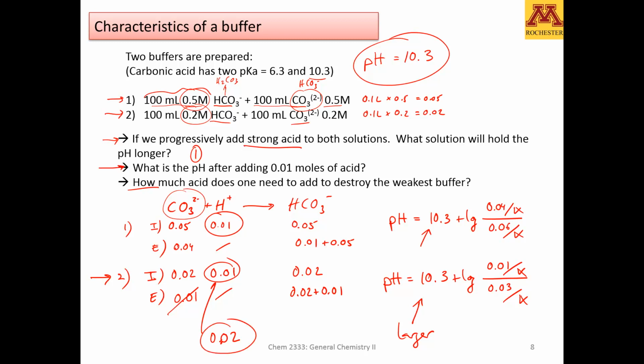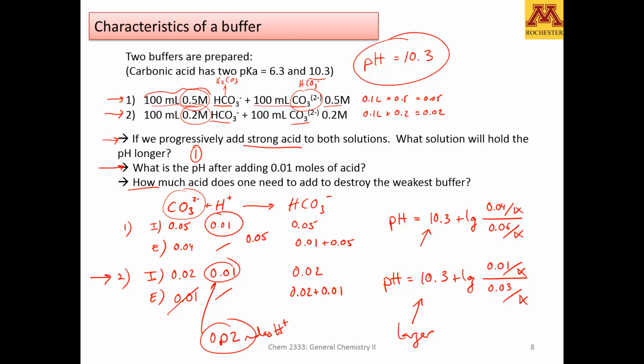So for the second solution, if you add 0.02 moles of acid, that will destroy the buffer. On the other hand, for solution number 1, you need to add 0.05. So it takes longer to destroy.